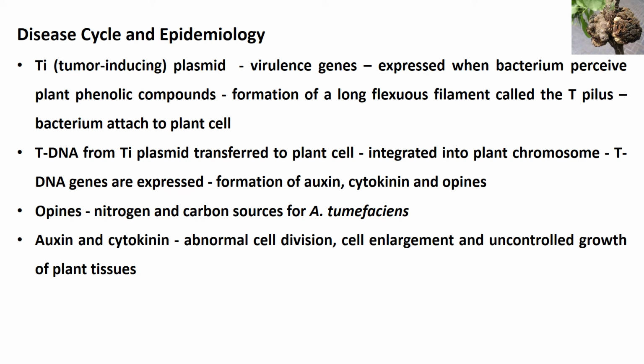There are different types of opines. They act as nitrogen and carbon source for the growth of Agrobacterium tumefaciens. The auxin and cytokinin induce abnormal cell division, cell enlargement, and uncontrolled growth of plant tissues.